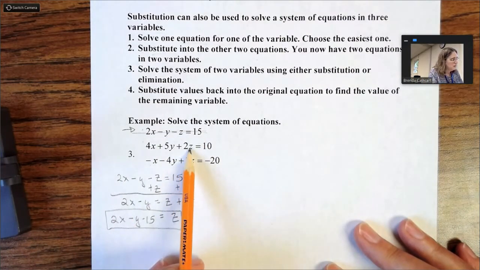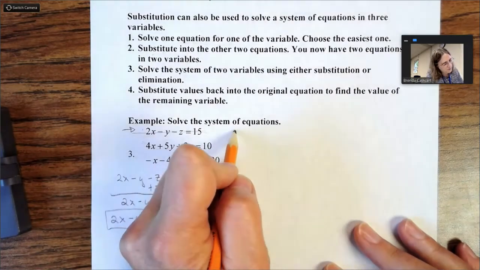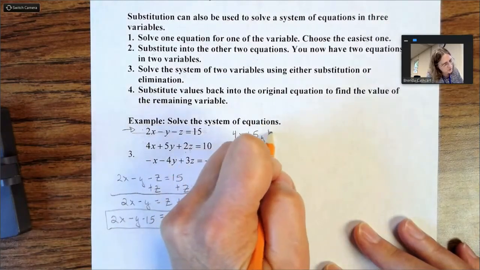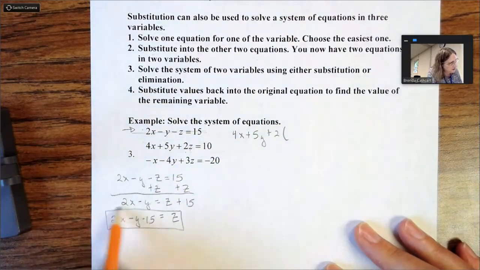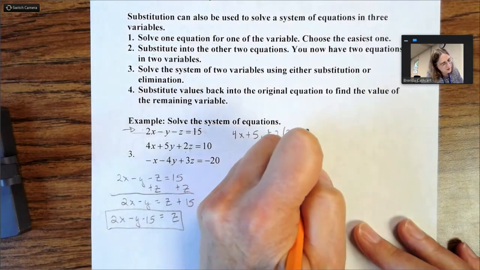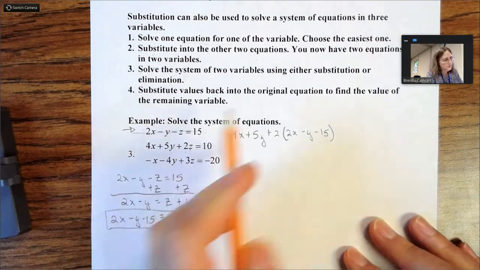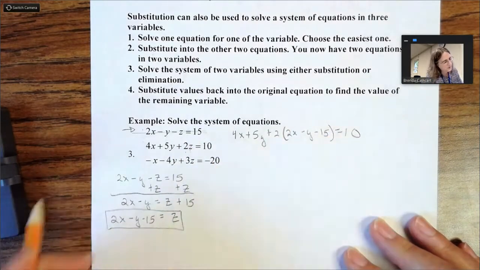And simplifying those. So equation 2, replacing our z, we're going to have 4x plus 5y plus 2 times the quantity 2x minus y minus 15. That was our value for z. It went in right here, equals 10.